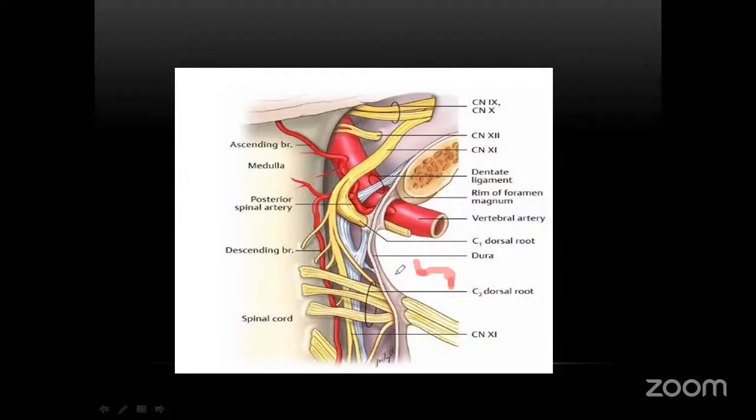When we are doing the hemilaminectomy of C1, we should be careful about that. But one thing that is important, most of the time it is not that the vertebral artery can be damaged. How? Because when the vertebral artery comes here, it will go like that.